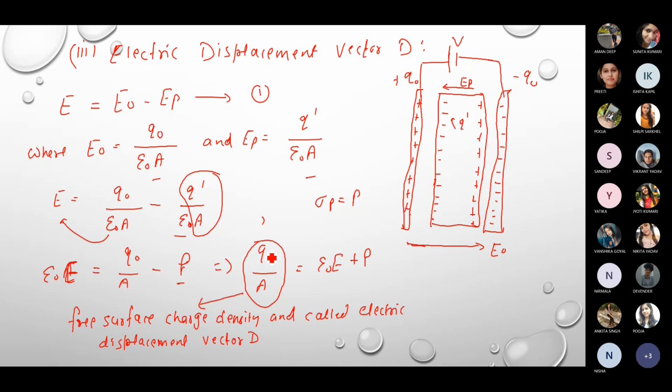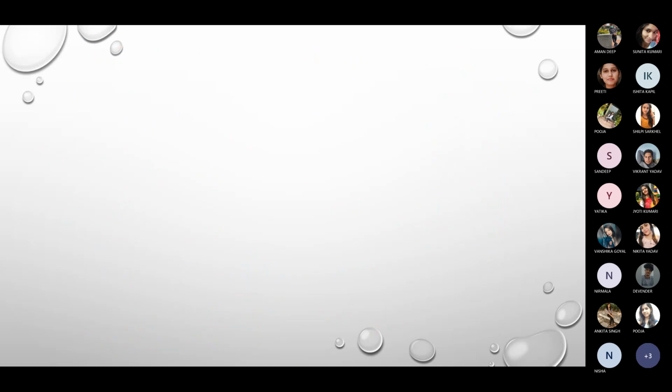You can see from here, coulomb Q का यूनिट है, एरिया का यूनिट मीटर स्क्वायर है. So coulomb per meter square will be the unit of the electric displacement vector, right? So therefore, this further becomes D is equal to epsilon naught E plus P, right?